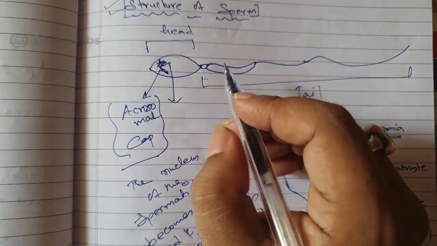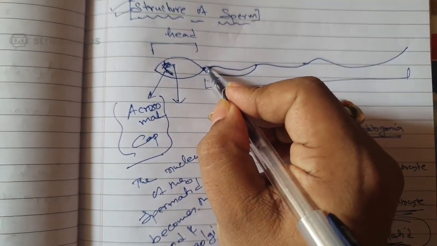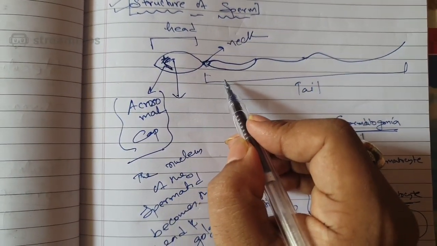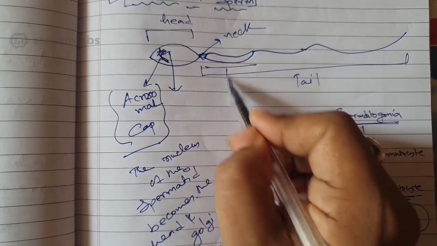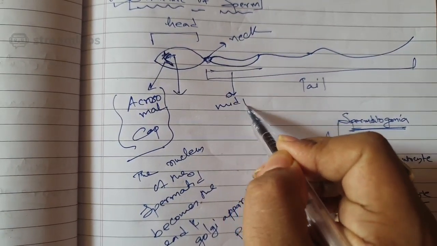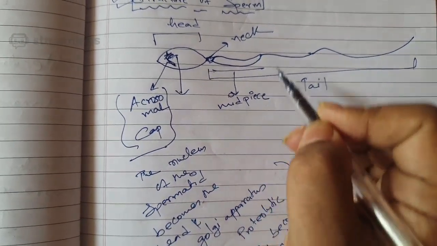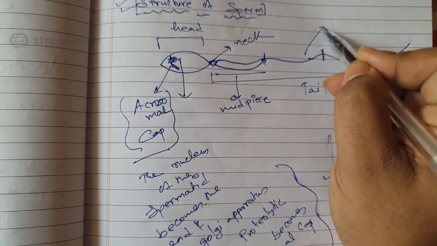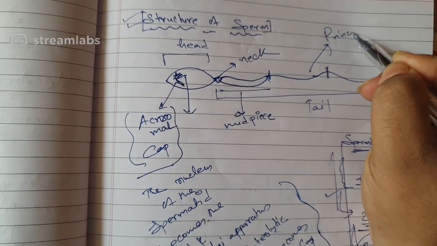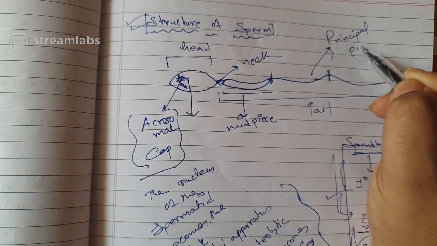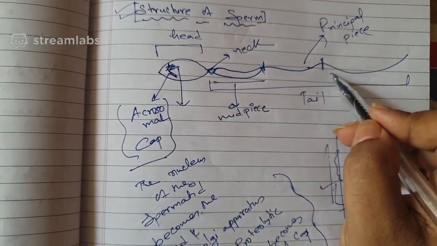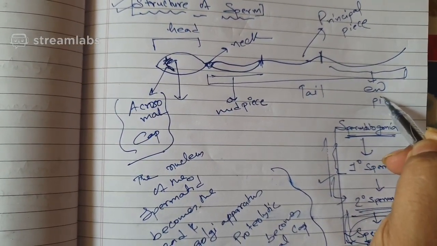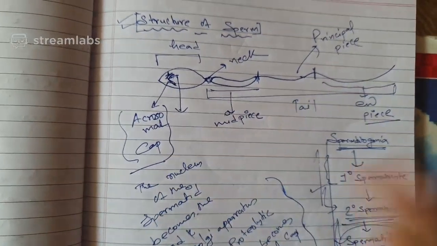The tail has parts: this is the neck, this is the mid piece, this is the principal piece from here to here, and this is the end piece. I hope that you understand this structure.